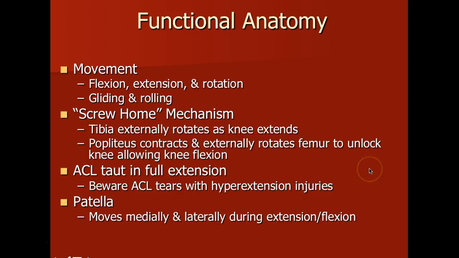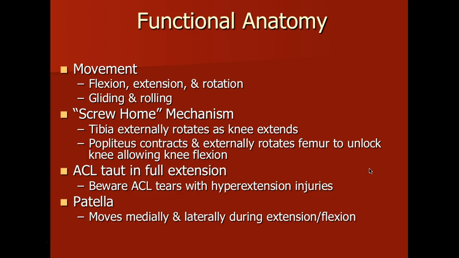And in this slide, that's where we explain what I just talked about, that at full extension, the knee can also sustain an ACL tear. So that's why it's important to make sure that the hamstrings are strong enough to control that knee extension.